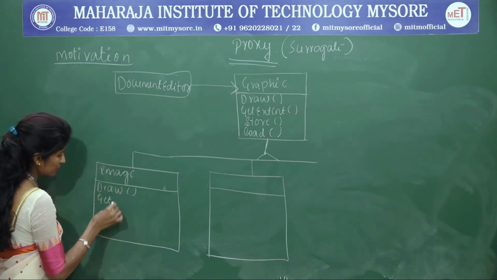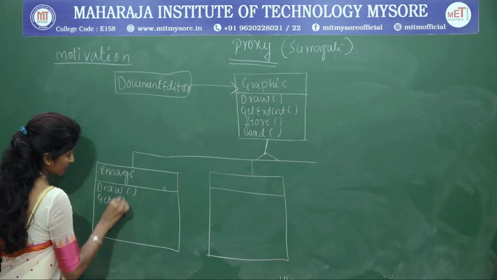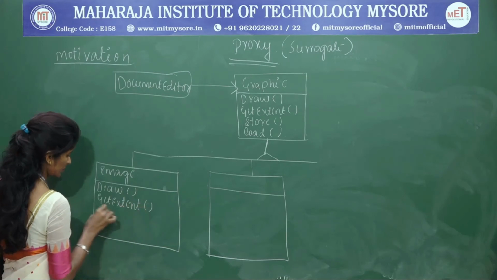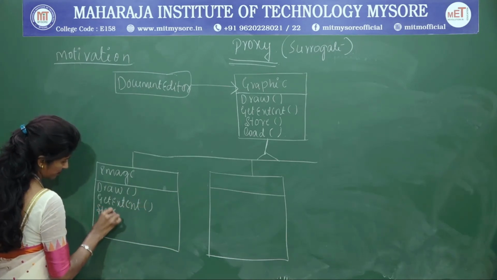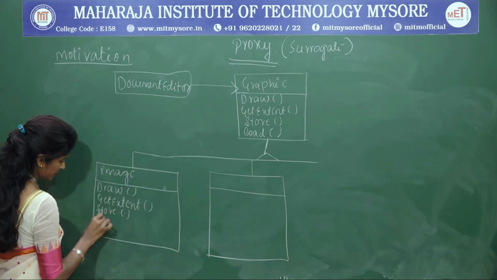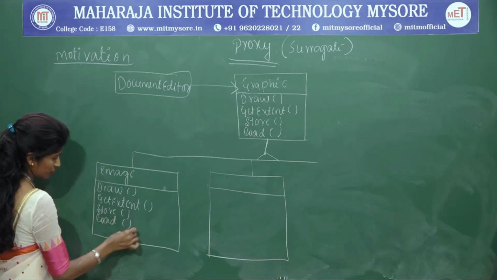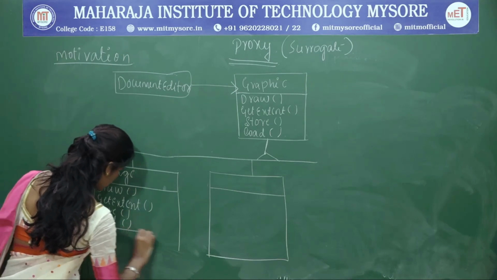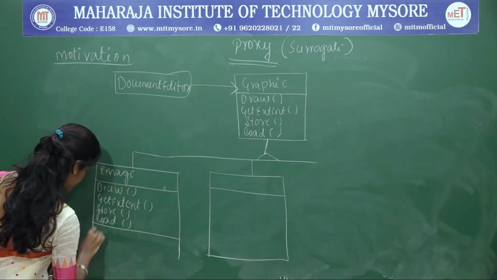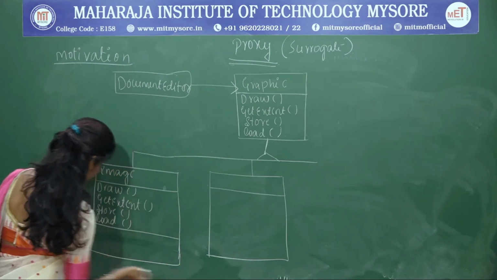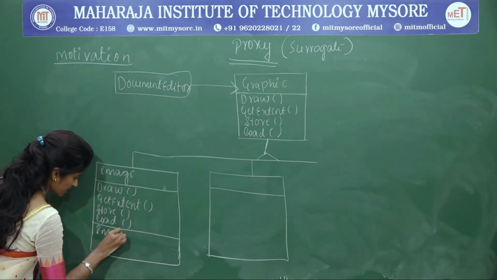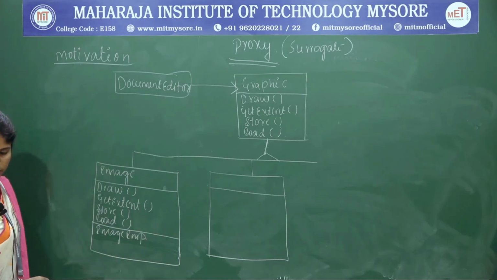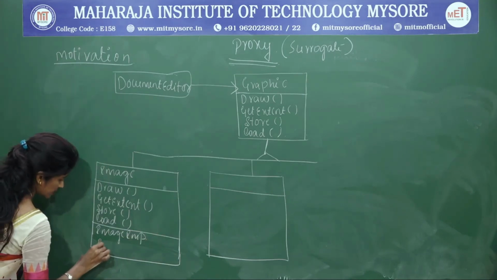Draw, the same operations that are there in the graphic: store and load, and any extra operation, particular to this class, will be taken. Then the image implementation and the extent.